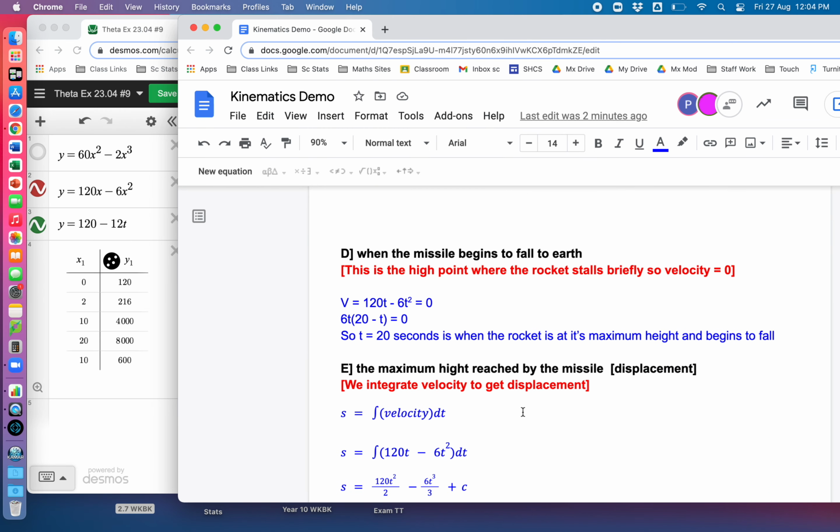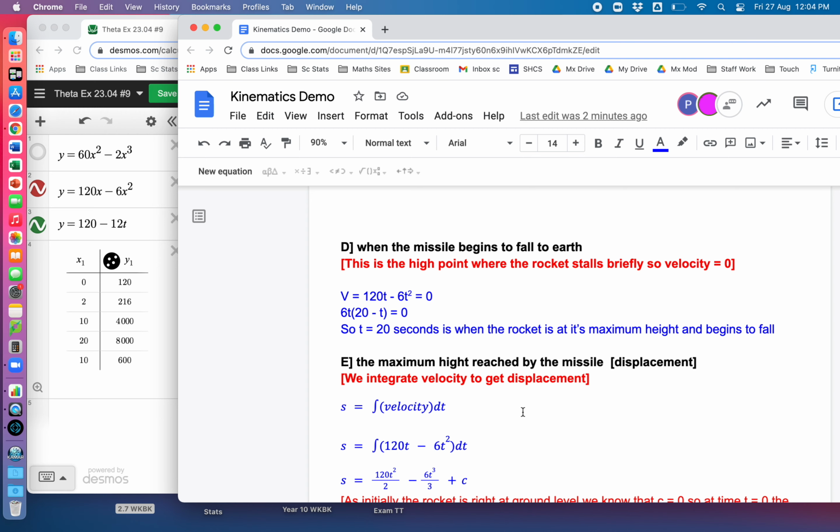Now, find when the missile begins to fall to Earth. This is the high point, so that's when velocity equals 0. So I've got a velocity equation, when does it equal 0? Because this is when it's been going up with a speed, it diminishes, it's basically at a stall and then starts to drop.